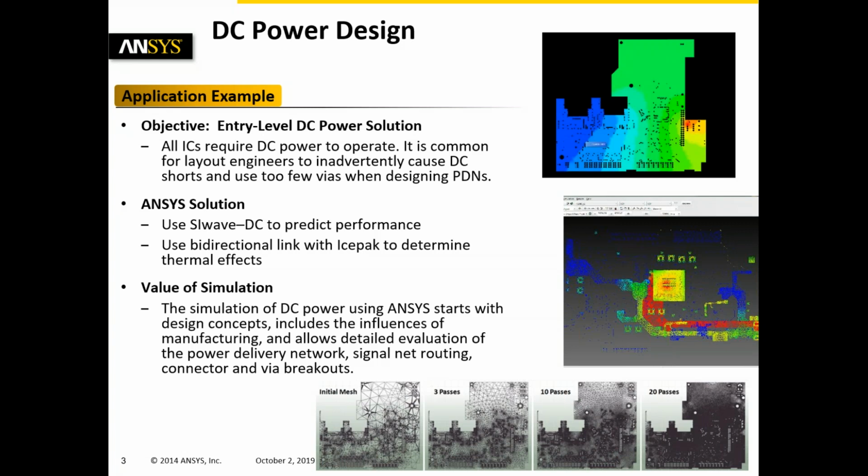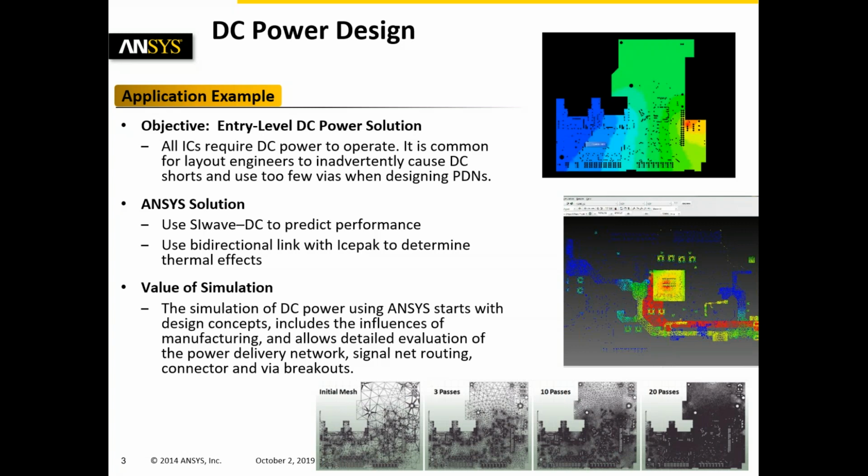This adaptive meshing technology ANSYS has allows the software to automatically mesh your model for you. All you need to do is specify the convergence criteria and the number of passes. Here, 20 passes is a relatively large number. Usually 10 passes should be fine and give you accurate results already.